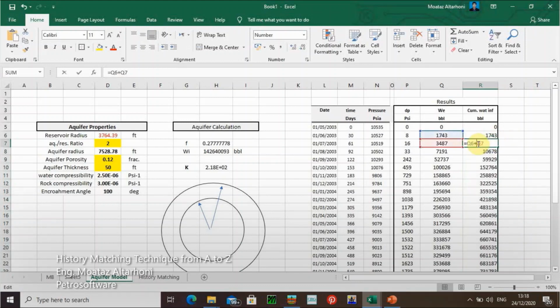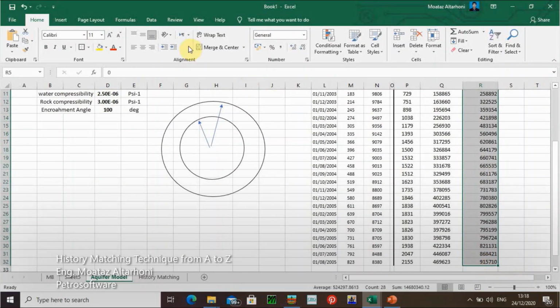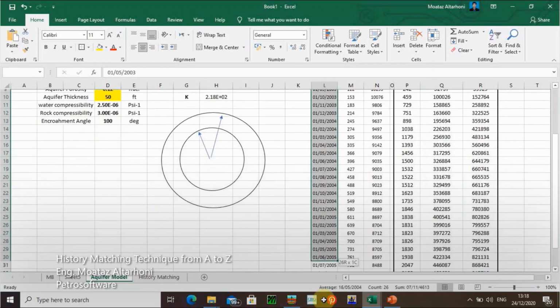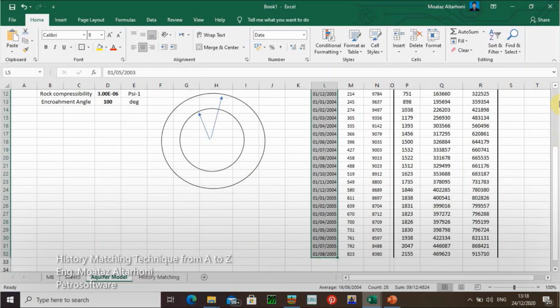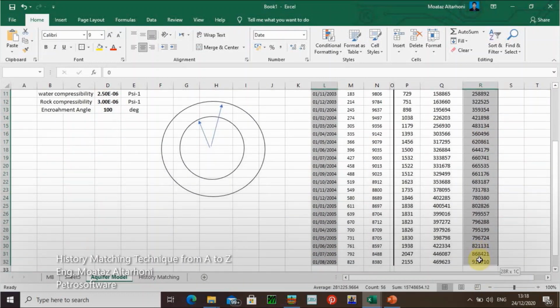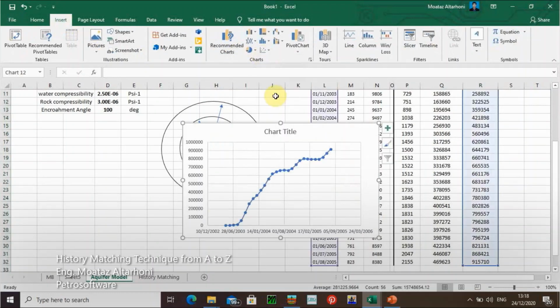These two numbers will give us the cumulative water. So this is the total volume of water invaded into the reservoir. I need to plot this and see how much volume.